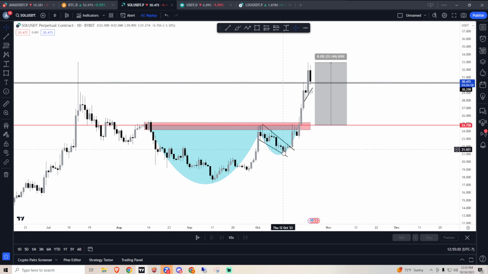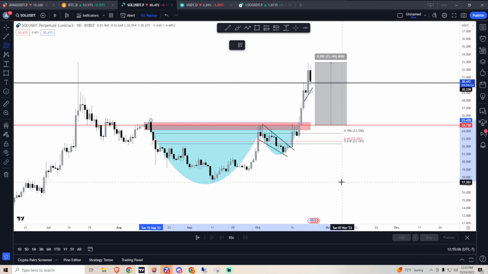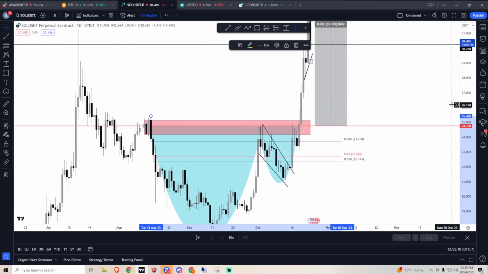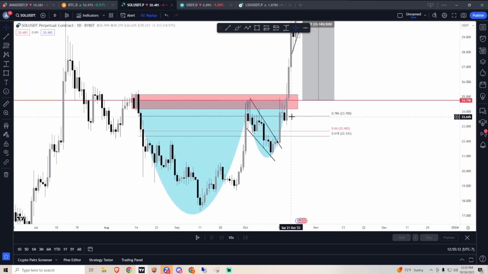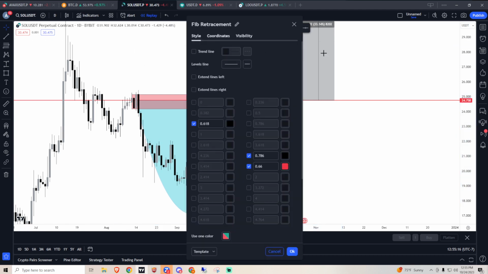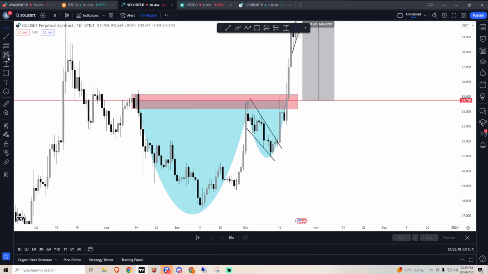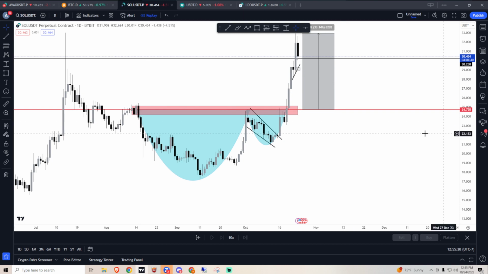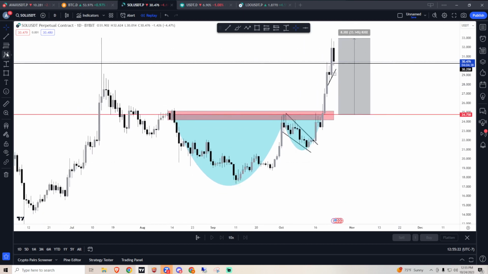Oh, you... Okay. What am I doing? I'm drawing bearish fibs. One sec.